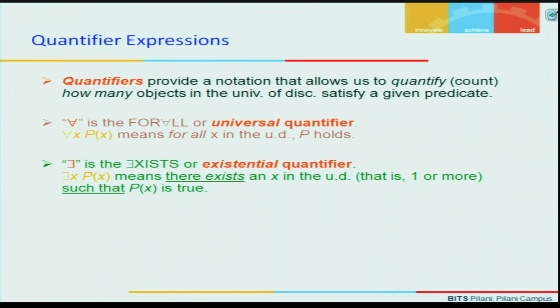In the example that we go back and see, if I say X is sleeping is the predicate that I am talking about, and the universe of discourse happens to be the set of all human beings, then I should be able to say all human beings are sleeping, or some human beings are sleeping, or one human being is sleeping at a given point of time.